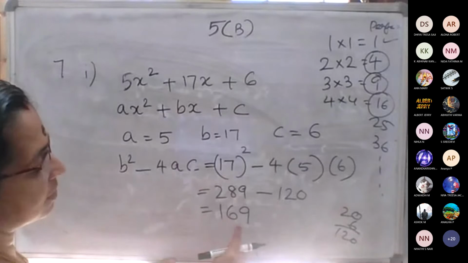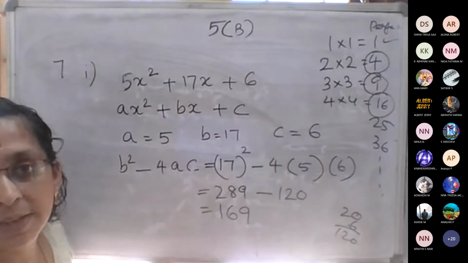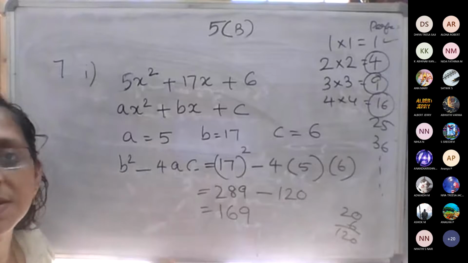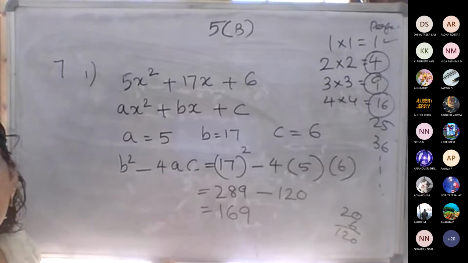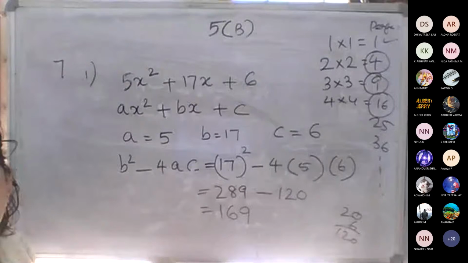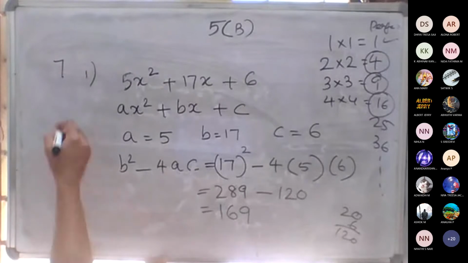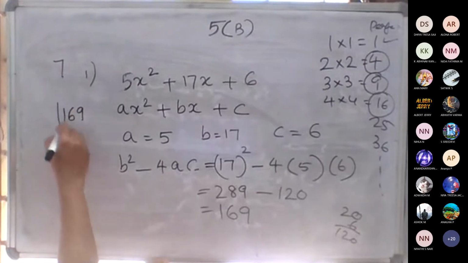289 minus 120 is 169. Check whether 169 is a perfect square or not. How can we find out whether it is a perfect square? It is 8th standard portion, factorization.